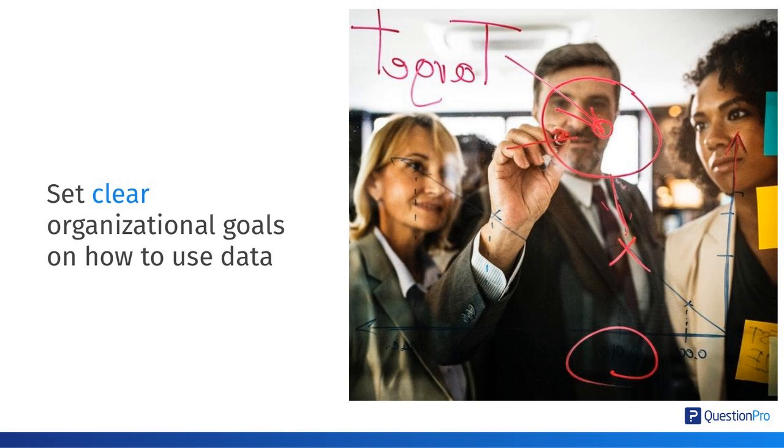Then, and then have presentations around it. Within the organization, a lot of times you need a mechanism by which the data is disseminated effectively, because just collecting the data and having it collect dust is generally useless.